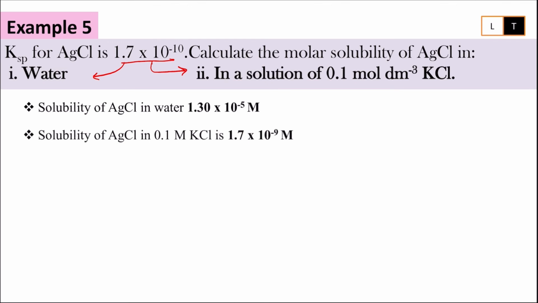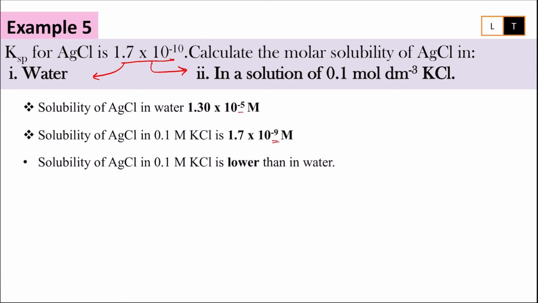Seterusnya, bagi tahu yang mana satu rendah. So, kita akan bagi tahulah solubility of AgCl in 0.1 molar KCl is lower than in water. Sebab KCl dapat eksponen negatif 9. Kalau water dia dapat eksponen negatif 5. So sebab tu KCl punya solubility of AgCl tu akan makin rendah daripada water.